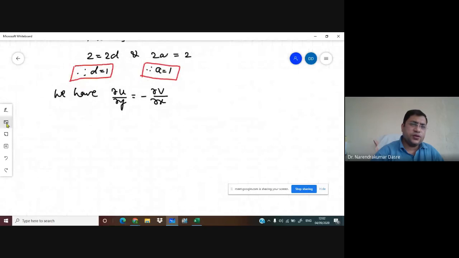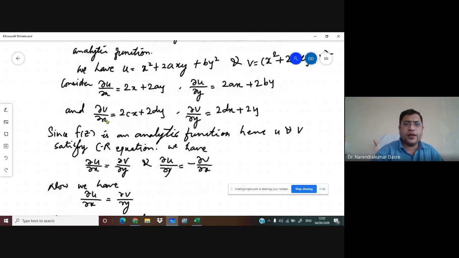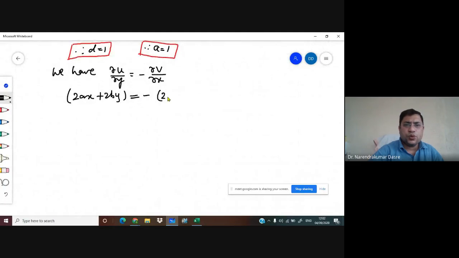So it is going to be 2ax plus 2by equal to minus (2cx plus 2dy). Hence 2ax plus 2by is equal to minus 2cx minus 2dy.